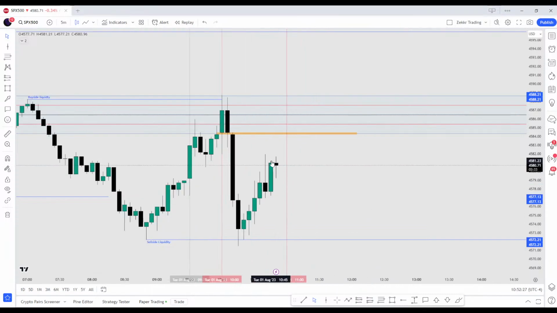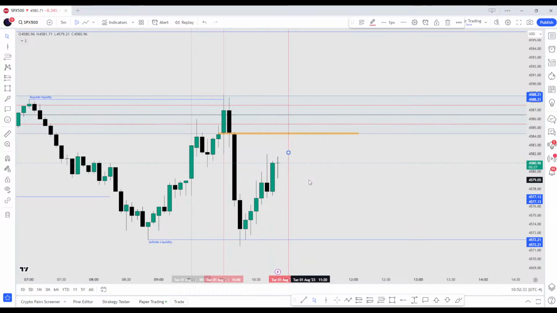So I just want to see a displacement on the next candle. We have one more, two more candles, I'd say.